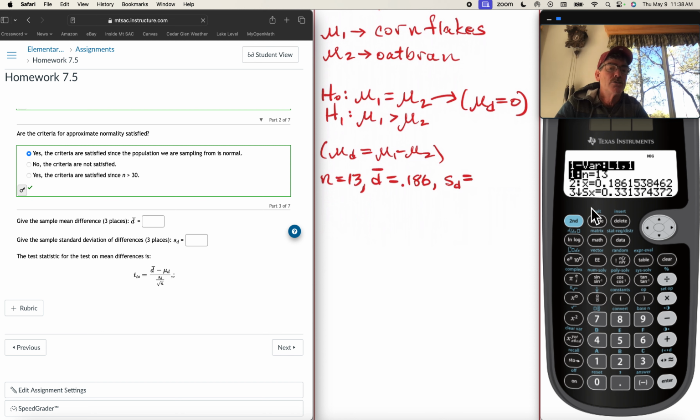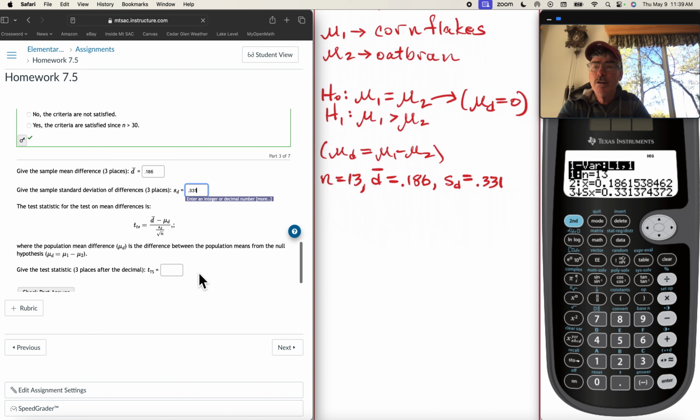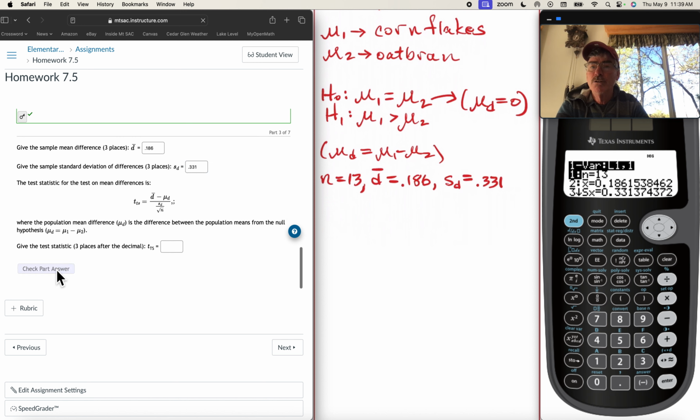The calculator is calling it SX because the variable is X on the calculator. So it's 0.331. Okay, and we can go ahead and put all that in here. Okay, and I'll go ahead and check those, make sure, yeah, so we're good here.